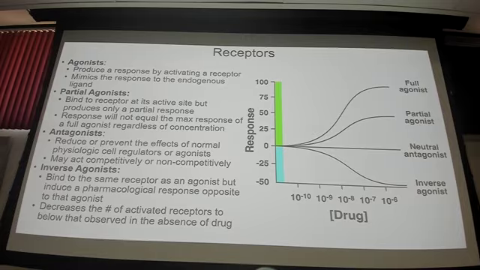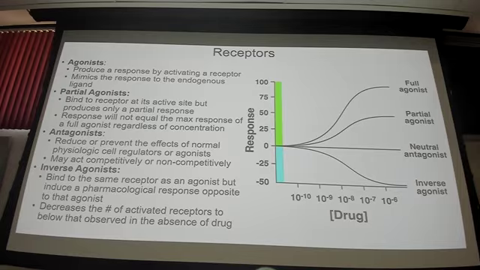And looking at this graph, drug concentration on the x-axis, response on the y-axis. Full agonist gives maximal efficacy. Partial agonist, the efficacy is reduced. Neutral antagonist blocks the effects of an agonist, and then an inverse agonist has the opposite effect of a full agonist, and that is due to downregulation of receptors triggered by giving the inverse agonist to the system.